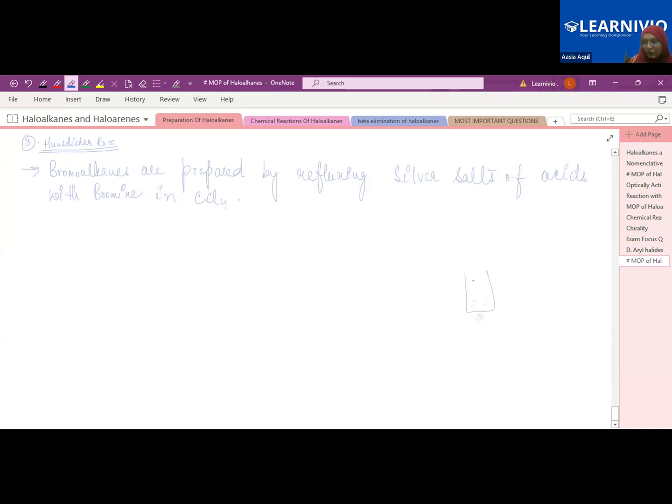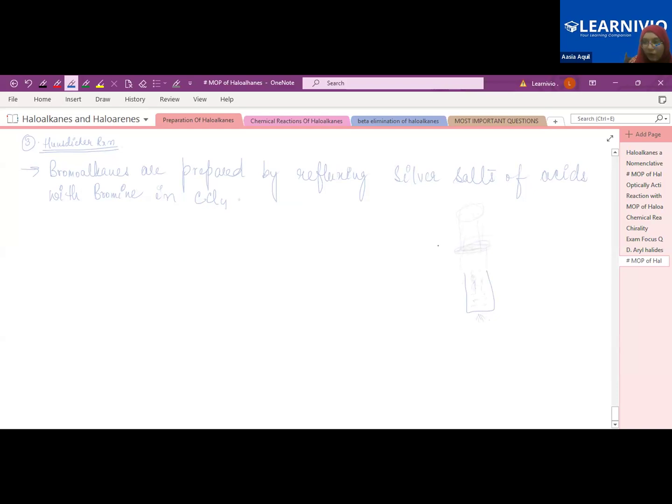When you heat it, the liquid converts into vapors, which means evaporation is done.